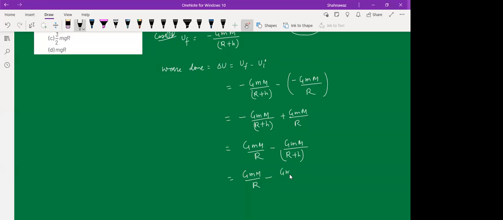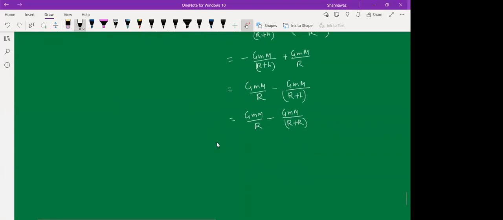This would be how much? R plus R. So write it here: GM by R minus GM by R. So we can take the LCM, that is 2R. So this 2R and R cancel, you have 2.